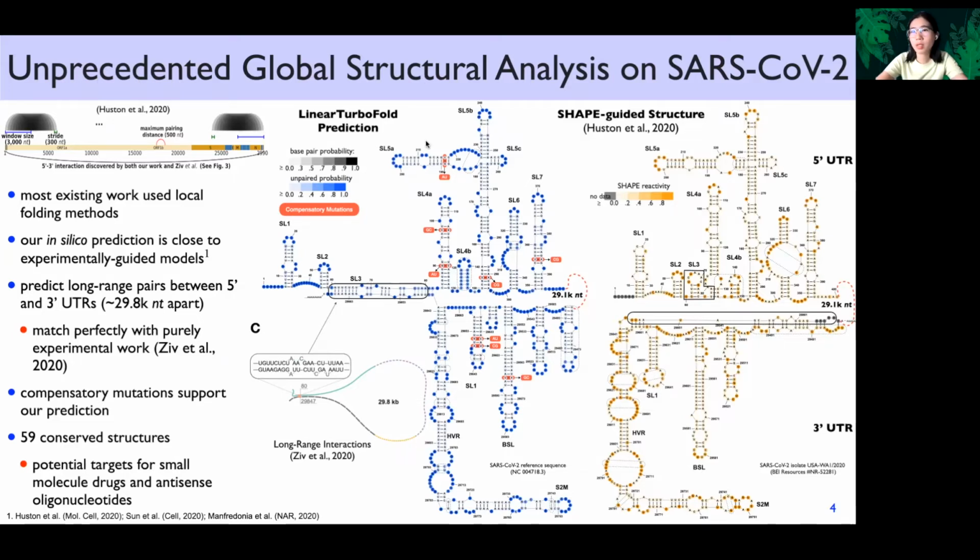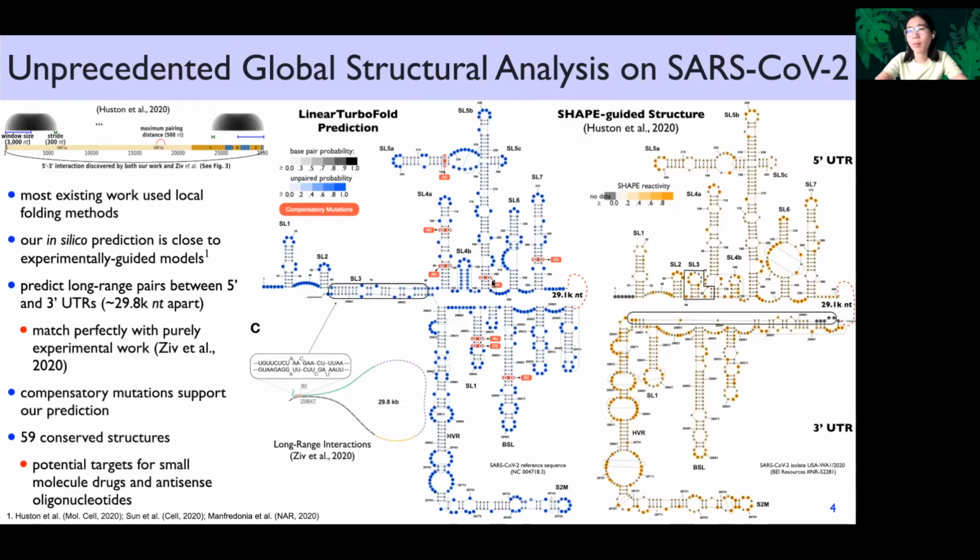Over a group of SARS-related genomes, like SARS-CoV-1 and bat coronavirus, we predict the conserved structures. We observe that our in silico prediction is close to the experimentally guided model for local structures.